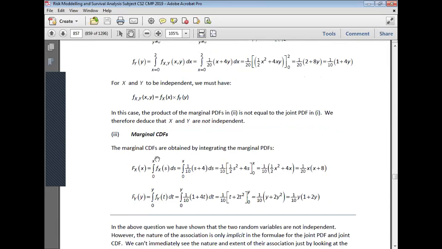But now if I tell you that I have to figure out the nature of association between this x and this y using only the marginals that I have.